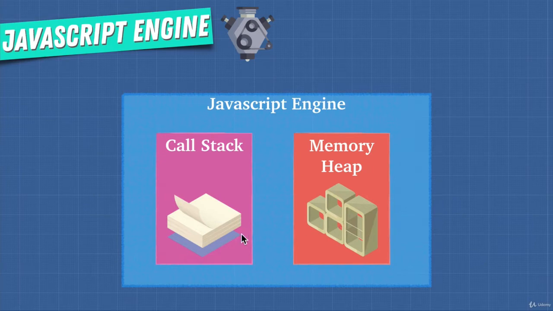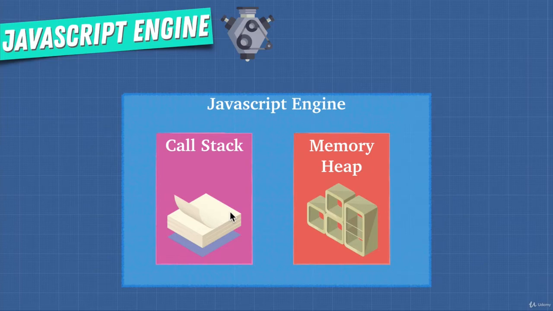And two, with the call stack, we need a place to keep track of where we are in the code so that we can run the code in order. And with these two things, the JavaScript engine is able to do that. So to review, the memory heap is where the memory allocation happens. And the call stack is where the engine keeps track of where your code is in its execution.